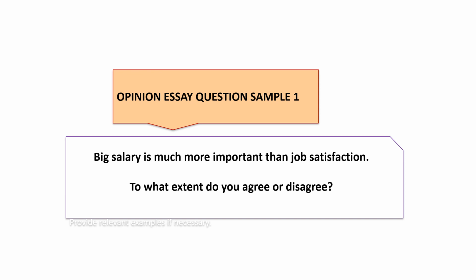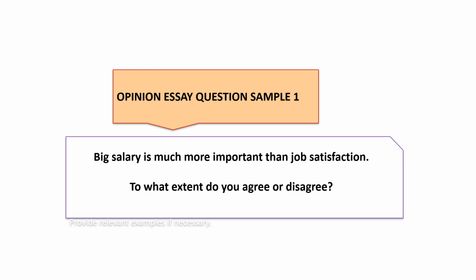Here, you have to either agree with the topic or disagree, unlike the discussion essay, where you had to do both. In one paragraph, you have to give statements to say that you agree. In the second paragraph, you give reasons to say that you disagree. But here you have to choose one side, whether you agree with it or you disagree.